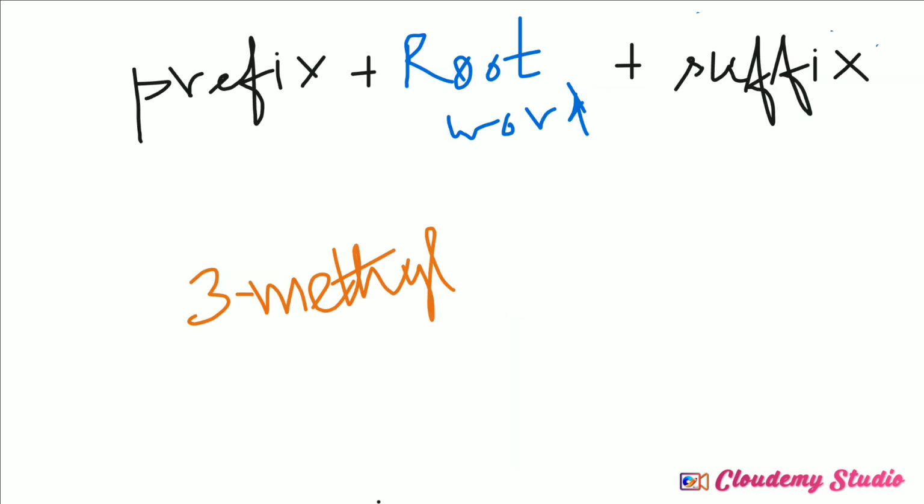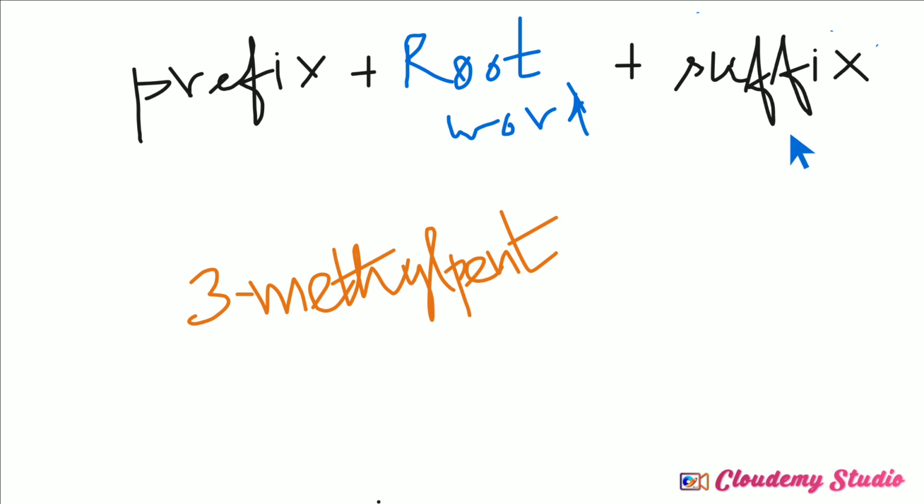If it is 1 carbon atom, it is meth. 2 carbon atoms, eth. 3 carbon atoms, prop. 4 carbon atoms, but. 5 carbon atoms, pent. So this will be pent.